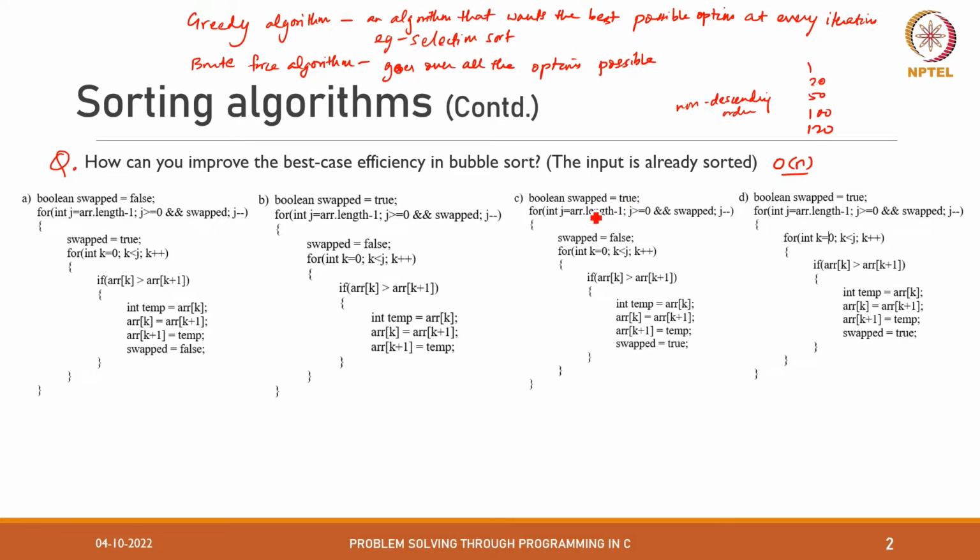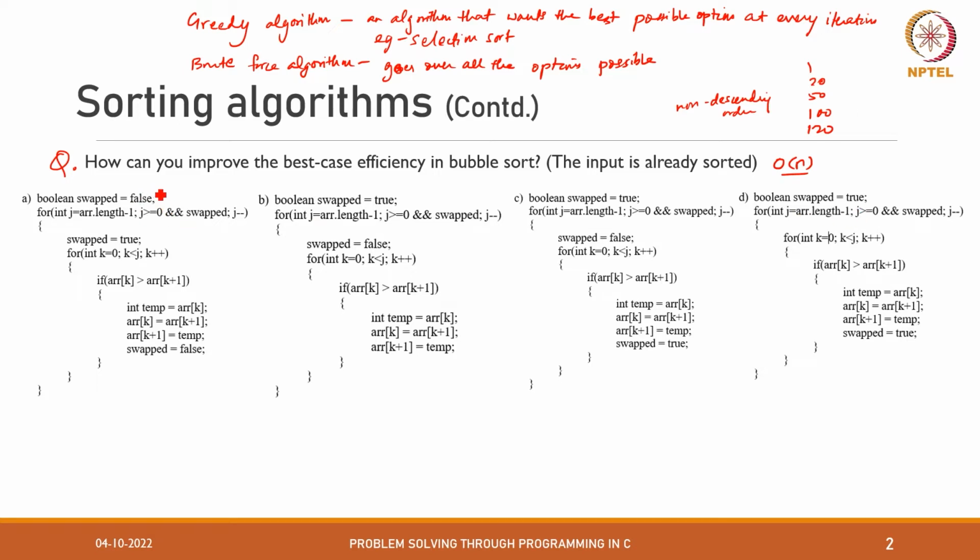When we are traversing through the array for the bubble sorting, swapped is also a condition that we have in the outer for loop. Only when it is true, this entire thing will go on to the next iteration. Once it gets false, it will just exit this for loop. That has been done in all these three cases.